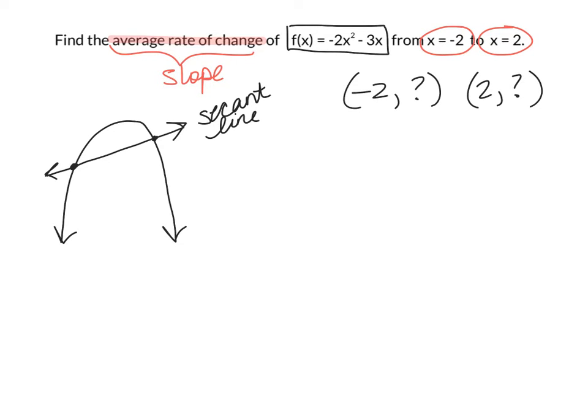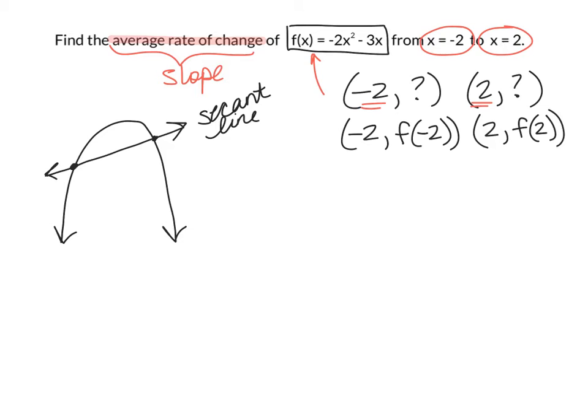So we essentially need to take the x values that were given, negative 2 and positive 2, and plug those into the function so that we can get the corresponding y values. So that means we're really going to be finding f of negative 2. That'll be the corresponding y value. And then we'll also plug in 2 and find f of 2, which is the corresponding y value for the input x equals 2. So I'm going to do that off to the side here.